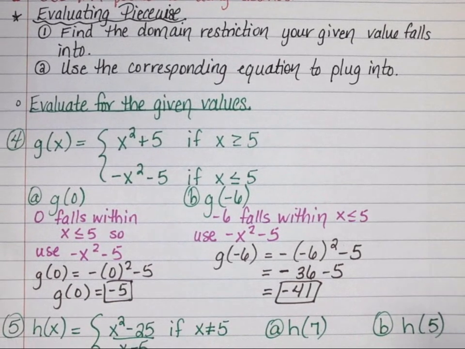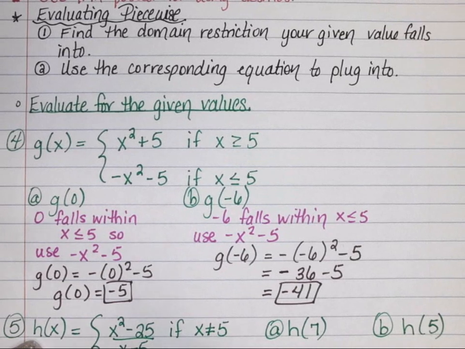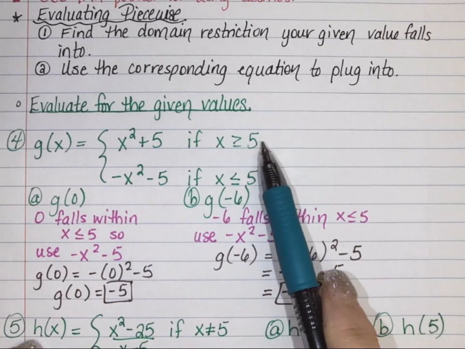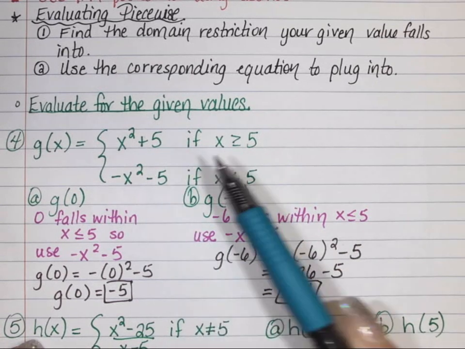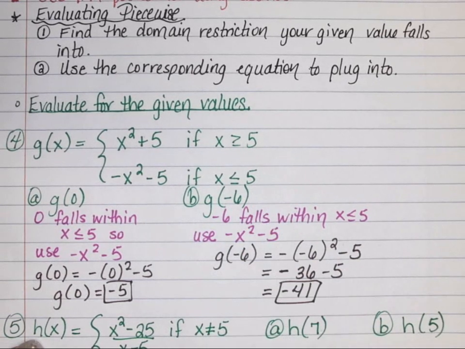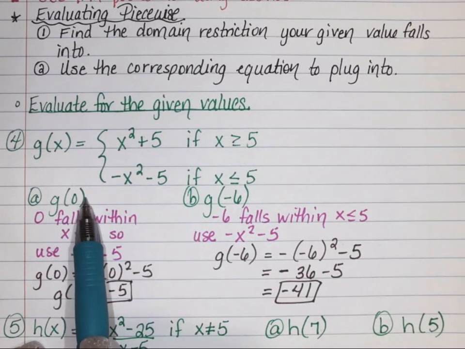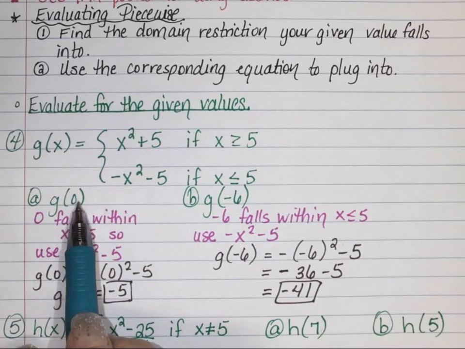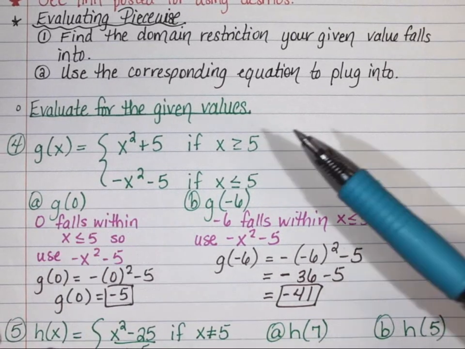So number 4, they give you this beautiful piecewise function. For the top piece, you have this restriction. And for the bottom piece, you have this restriction, x less than or equal to 5. In part A, they ask you to find g of 0. So what you do, going back to your steps, you're given value 0.